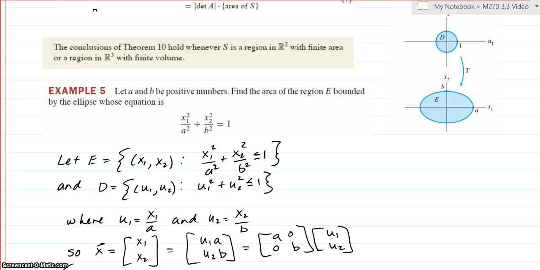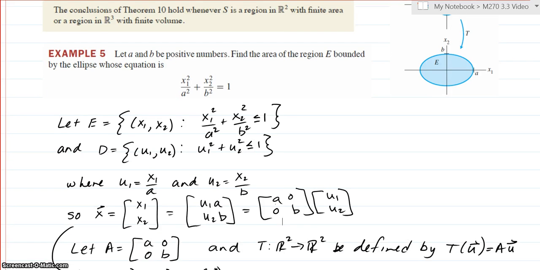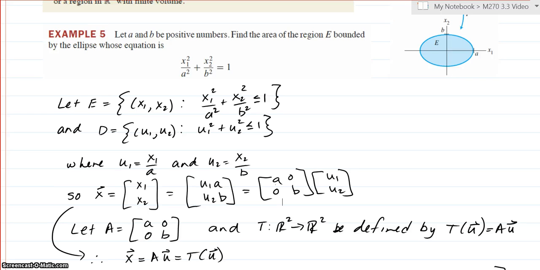So that's my transformation. So what I'm going to do is I'm going to let A be this matrix and T be my transformation from R2 to R2, because this is in R2 and that's R2. And it's going to be defined by T of u equals Au. And by the way, x we know is A times u, and over here Au we know is T of u.